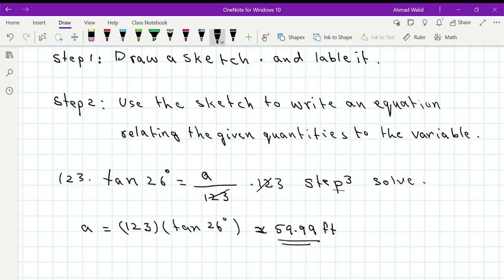The same way, there is an example in your book for angle of depression. Go over it. It's not difficult. There are so many examples, and I also assigned a little bit of homework for you for this section. You can practice.